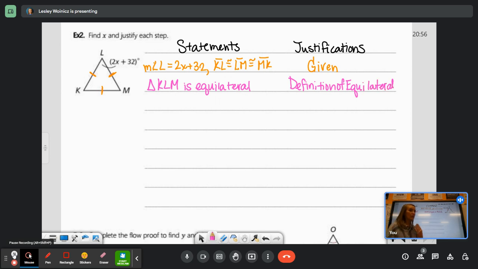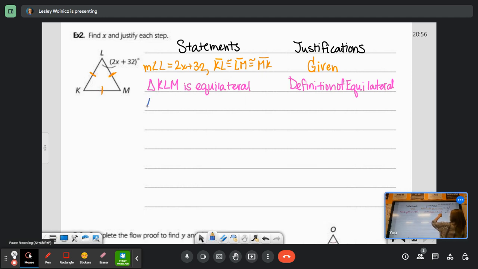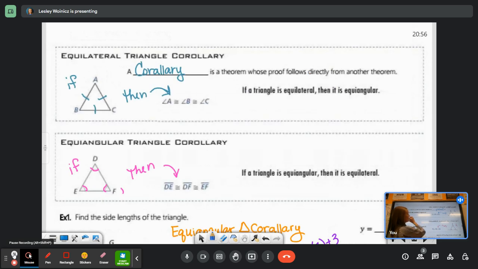Now that we know it is equilateral, we can say that triangle KLM is equiangular. And that is by the one we just learned, the equilateral triangle corollary.